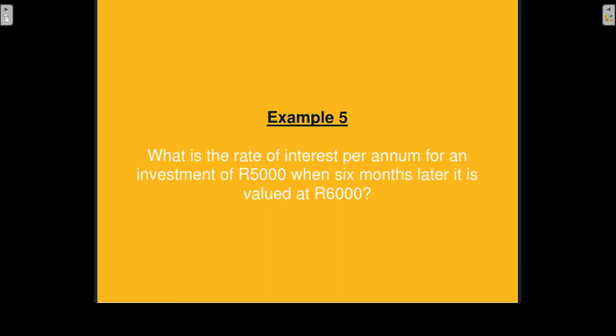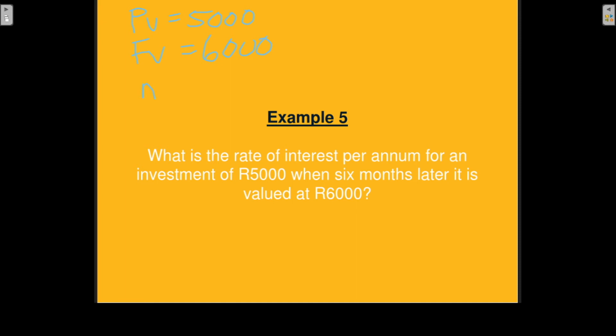Okay, example 5. What is the rate of interest per annum for an investment of 5,000 rands when 6 months later it is valued at 6,000 rands? Okay, so what do we have? We have the present value, and that is 5,000 rands. We have the future value, and that is 6,000 rands.